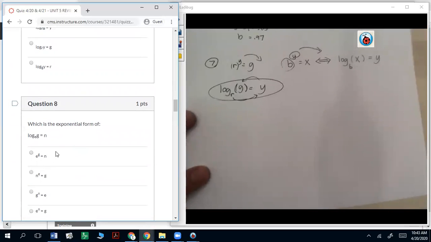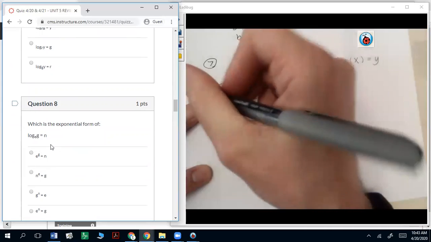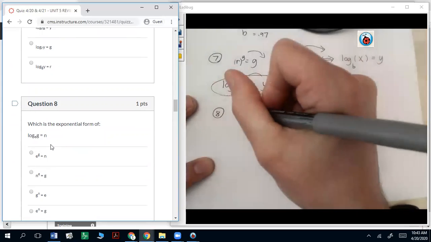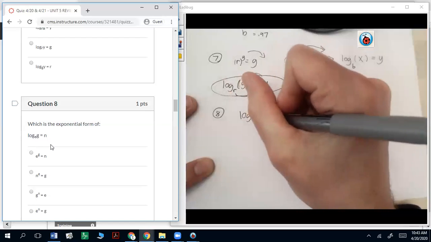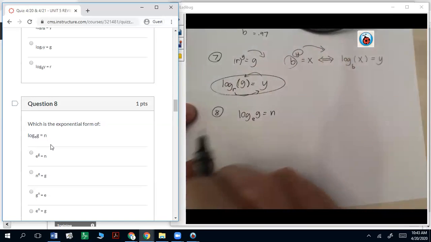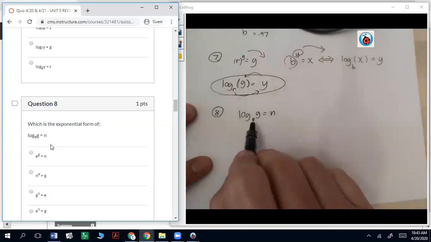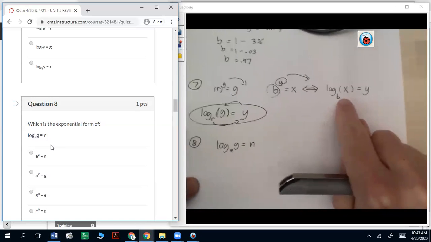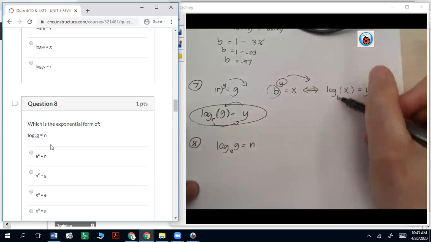All right, question 8 is similar, it's just the other way. What is the exponential form of log base e of g equals n? In this case, we want to rewrite it as an exponent. If you look at this formula again, this was always the base of your exponent.